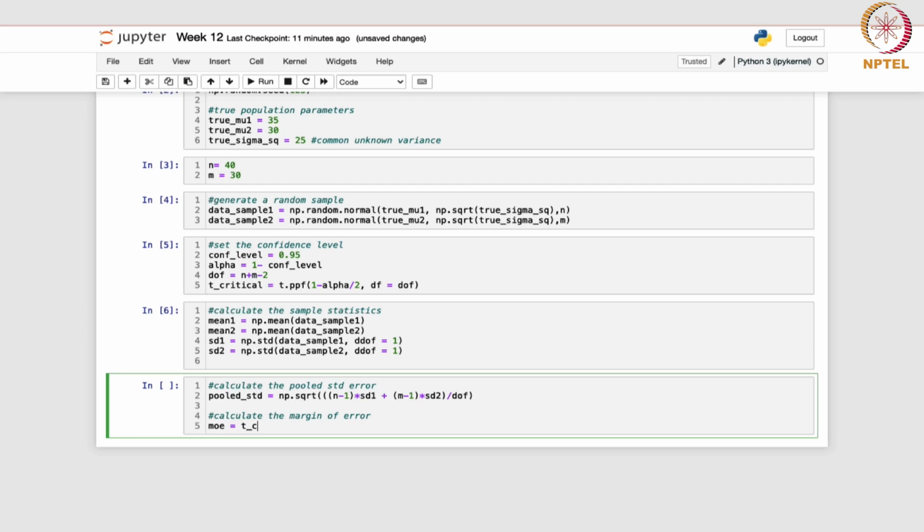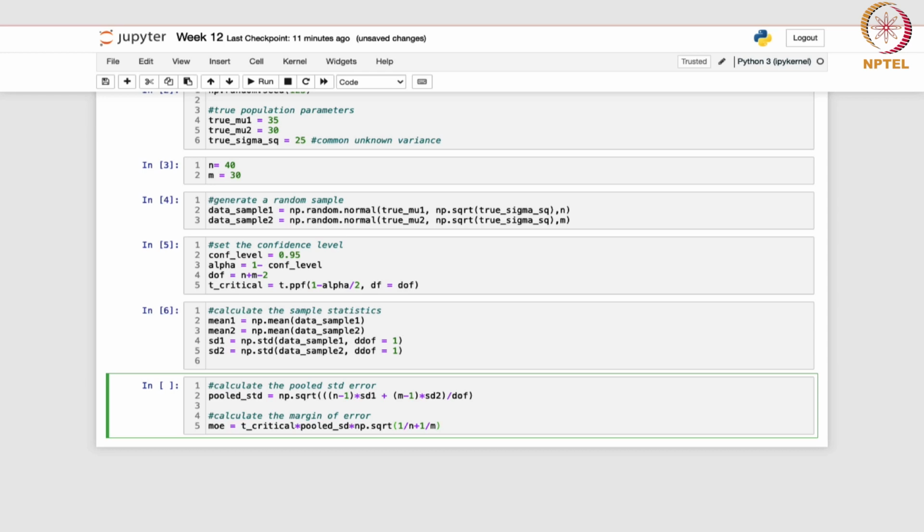So T critical into, we multiply it with the pooled one, that is pooled SD, and then we multiply it with the square root of 1 over n plus 1 over m. So we will write np.sqrt 1 over n plus 1 over m, right?